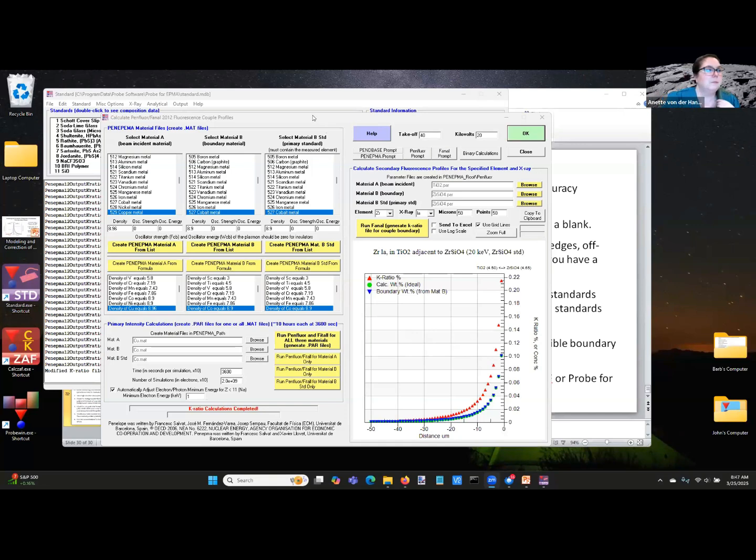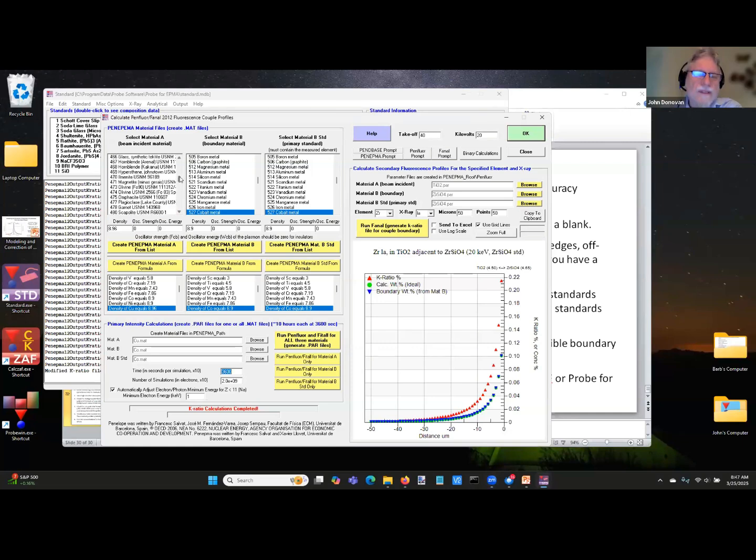Those are based on standards or other materials. So you might have a material file for forsterite and fayalite, but what you're trying to look at is maybe Fo75 or something. So you can produce that.